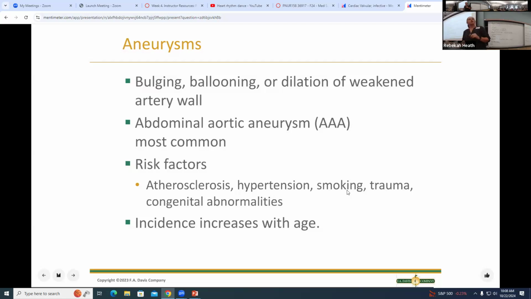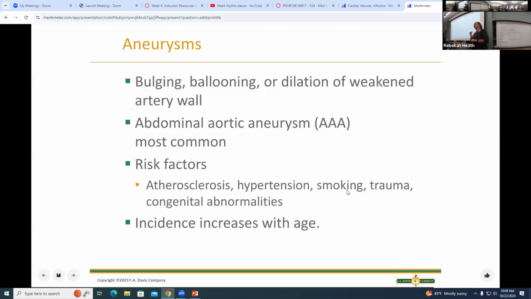The main one you guys are going to probably see or encounter, or that I want you to know, is AAA, abdominal aortic aneurysm. So we have our aorta, we have our ascending and our descending aorta. So abdominal is going to be the descending aorta. In the abdominal region, that's typically where we see a lot of these aneurysms happen. And it can happen over time.